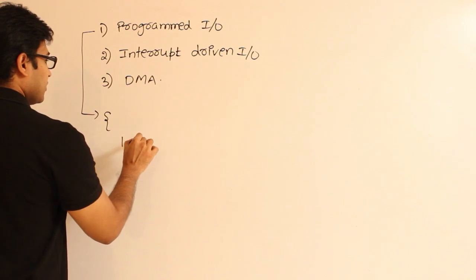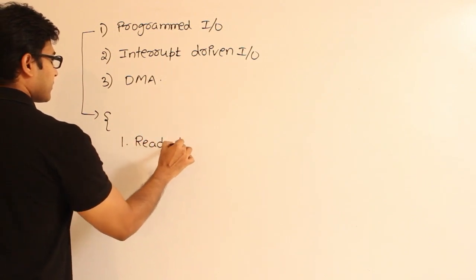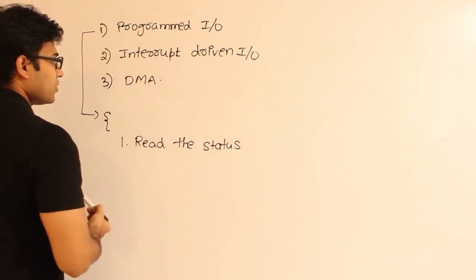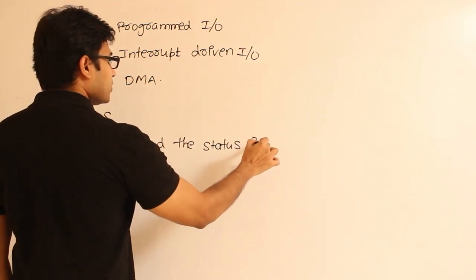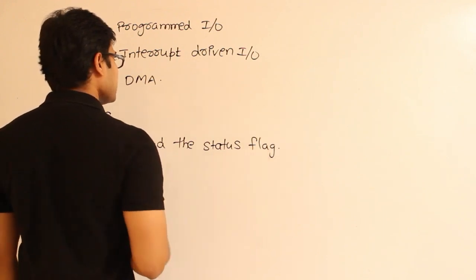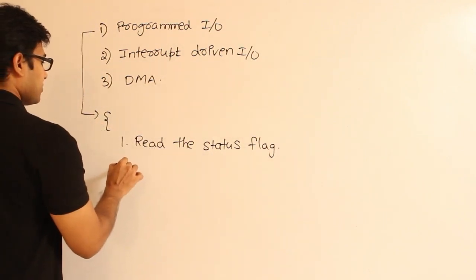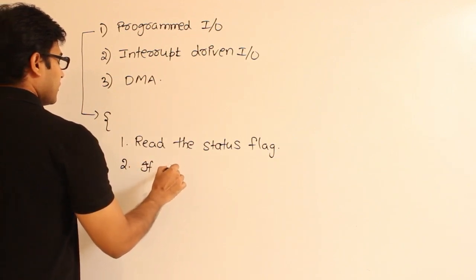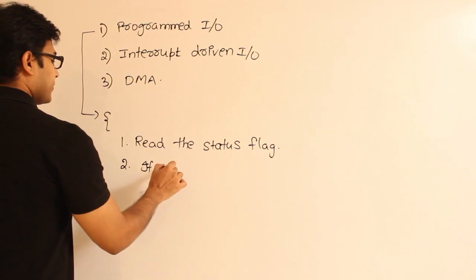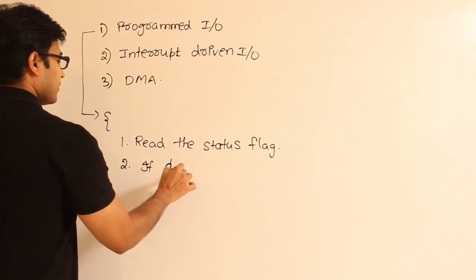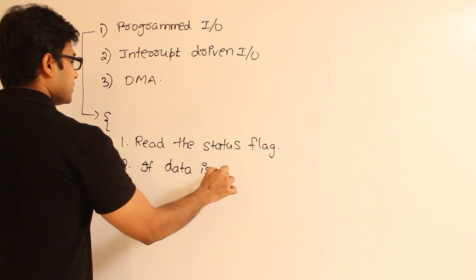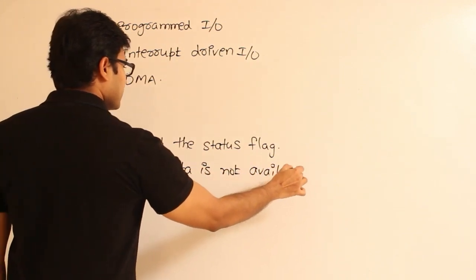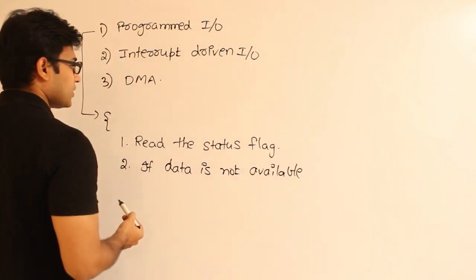The first one is read the status flag. Every device is going to have a status flag saying whether new data is available for transfer or not. Step 2 is, if data is not available, how can we know that?